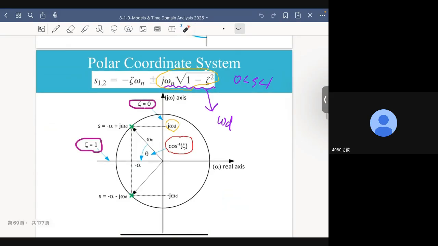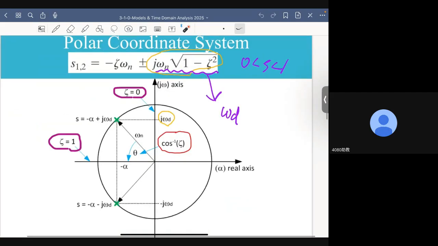So now let's switch to polar coordinate representation. In this case, let's assume that we have a pair of poles located here, okay? How do we represent their location? The first is, of course, omega n, which represents the distance between the pole and the origin. The other is this angle, which is denoted as theta.